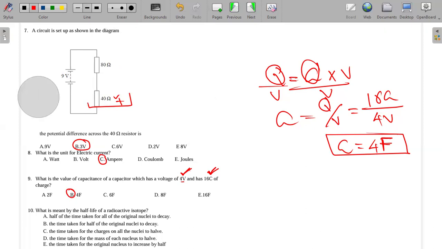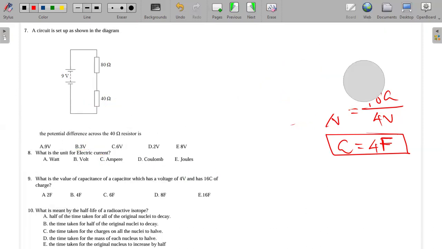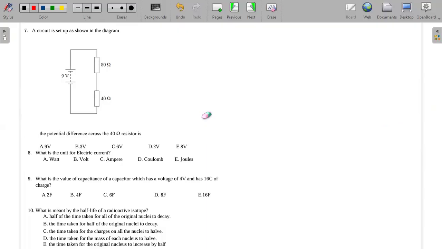Question 10 is saying, what is meant by the half-life of a radioactive isotope? So this is another conceptual question. They're asking about half-life, T-half. Option A is half of the time taken for all the original nuclei to decay.